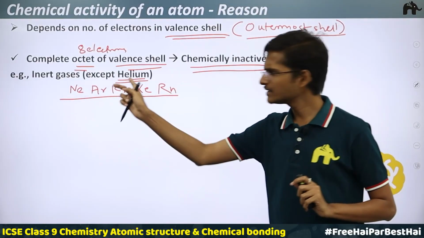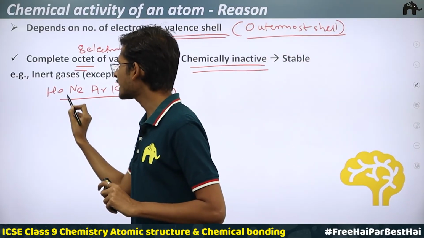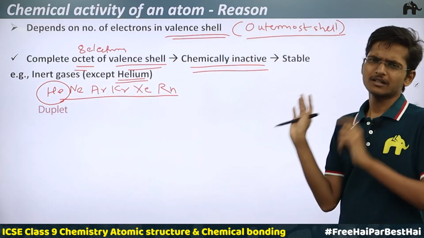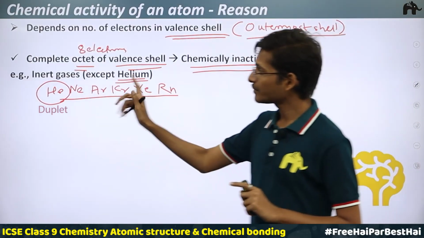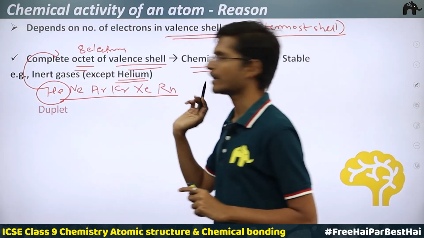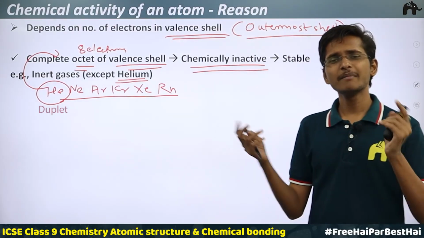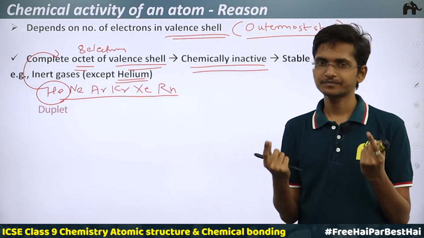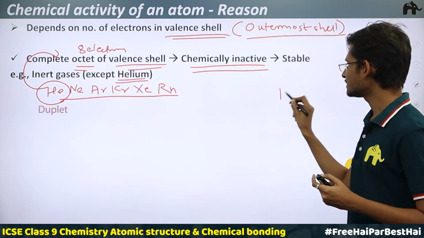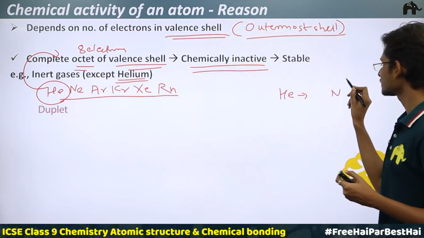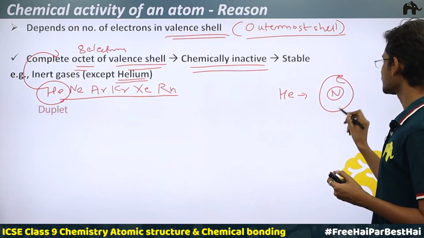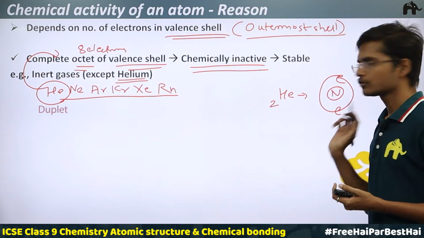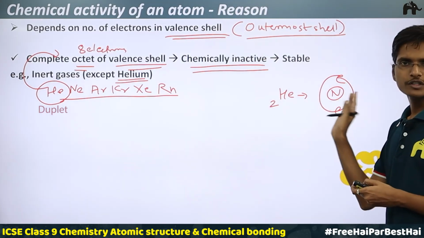Now why have I excepted helium? Helium is also an inert gas element, and it is also chemically inactive, or means it is also a stable element. But it doesn't have this complete octet of valence shell. Why? Again the same reason, because helium can have a maximum of 2 electrons and it has only one shell. Helium is like this: nucleus and one shell, in which it has a maximum of 2 electrons. That's it, fine, because its atomic number is 2. So the 2 electrons need to be distributed.